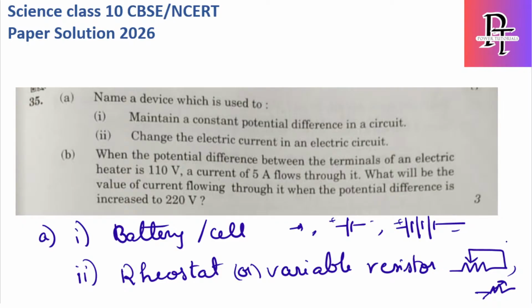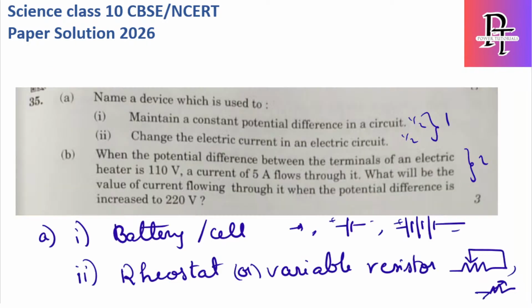Both are proper diagrams. So always make sure to write extra information so that the invigilator will feel that you know much detail, and they will give you full marks. But if you write only battery, cell, rheostat and variable resistor, definitely you will get half a mark, because this is a 3 marks question. So this will carry 1 mark and this will carry 2 marks, and between this we have half a mark.